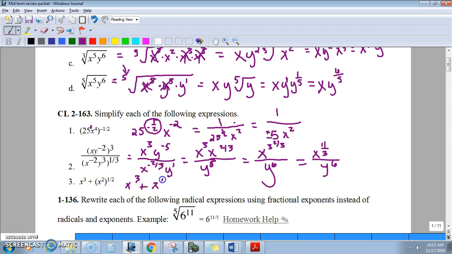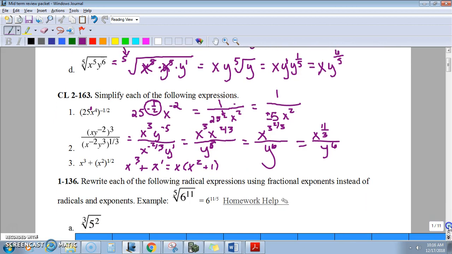Because it's to the power of 1, because the power to a power, I multiply that. 2 times 1/2 is 1. And I cannot add those because they are not like terms, but I could factor out 1x and have x squared plus 1. Okay, I could do that. Let's see. Do I have time to keep going? Yeah, I have a little bit of time to keep going.